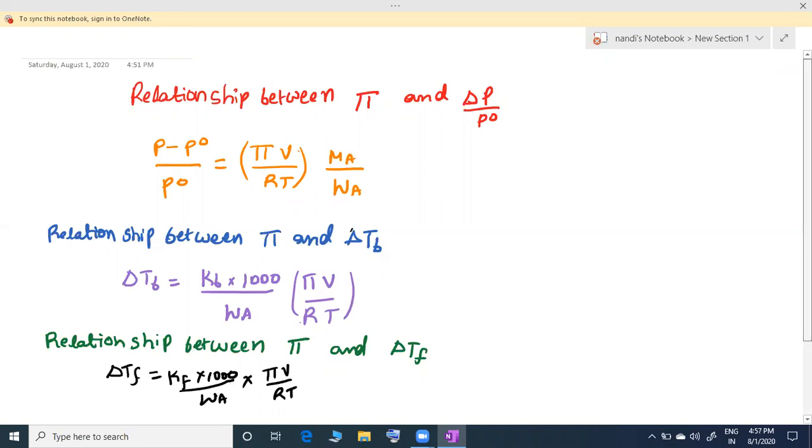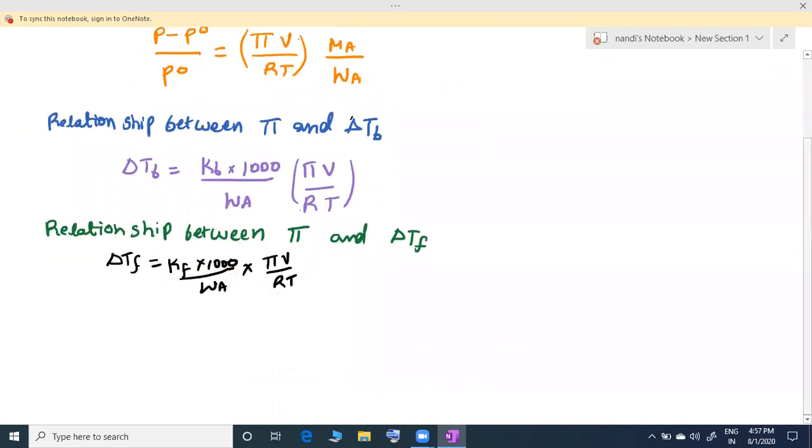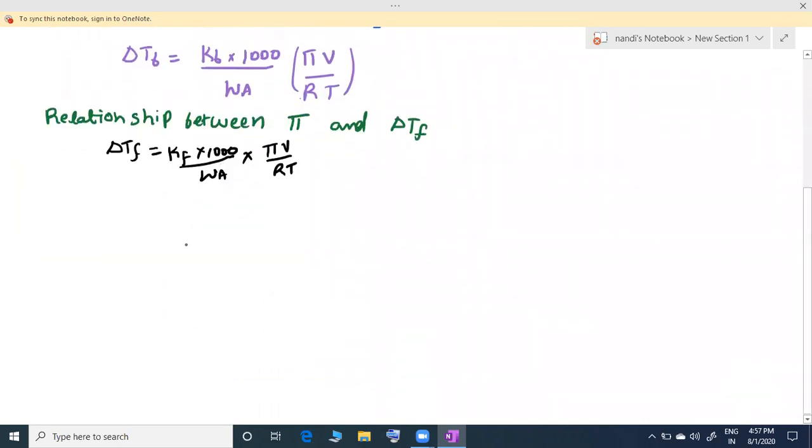See here, we know that pi equals CRT. R is always the universal gas constant.